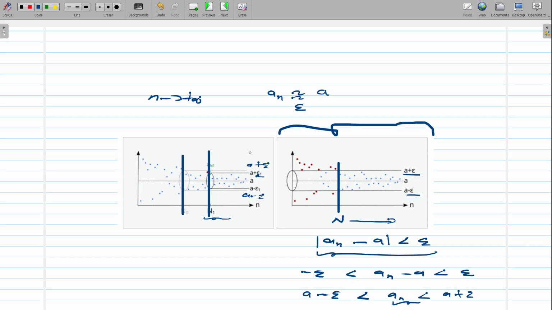This approximation can be made as accurate as we want by taking a very big value for n, which implies that we need to choose a smaller value for epsilon, and then the approximation can be refined in that way.